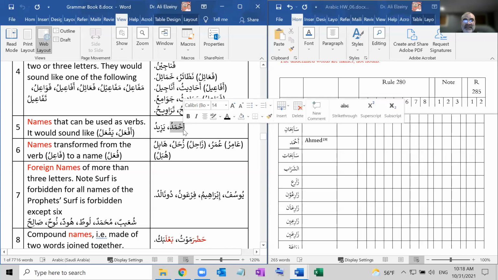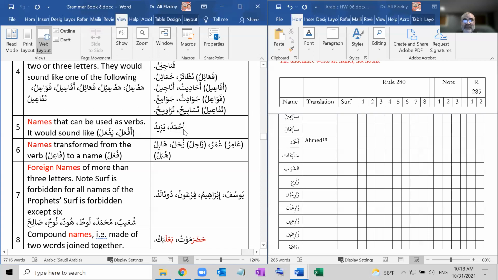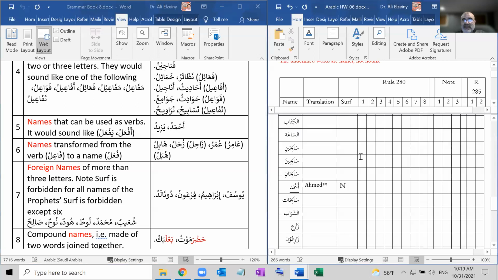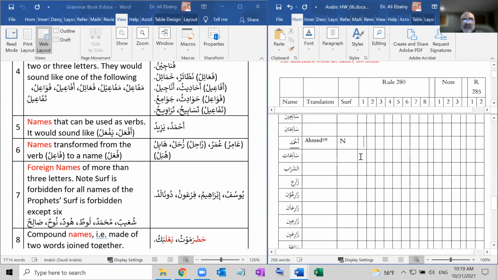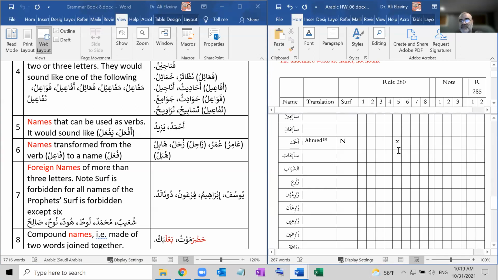So here is case number 5. So sarf is forbidden, not allowed, according to rule number 5. Rule number 5. Sarf is not allowed according to rule number 5.